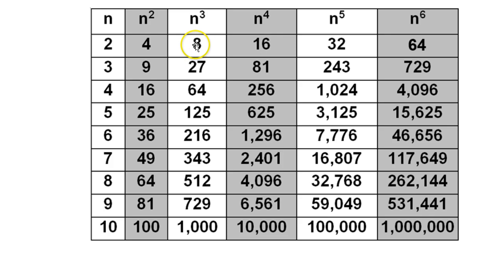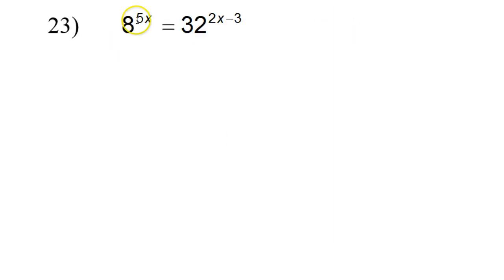In fact, that's what we have to do. If you see that 8 and 32 are both in the 2 row, we can write 8 as 2 to the 3rd power, and we can write 32 as 2 to the 5th power. They can both become base 2. Sometimes you got to change them both.